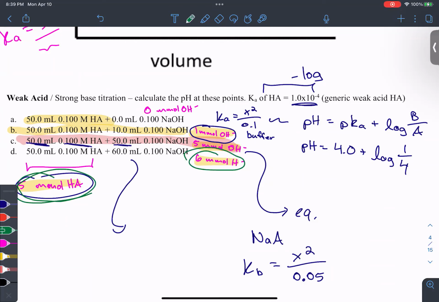We added 6 millimoles of the strong base. The acid now is the limiting reactant. So what is in excess is 1 millimole of hydroxide. And so now our solution is basic after our equivalence point. So now we just have to divide by the total volume, so 110 milliliters to get hydroxide concentration.